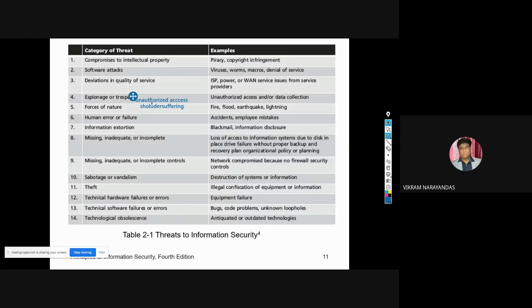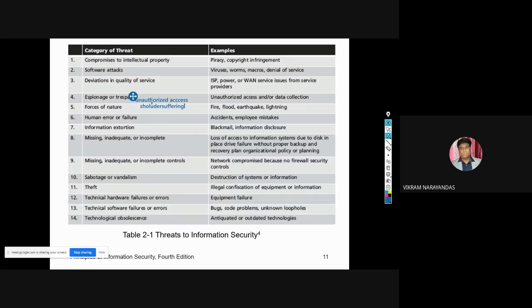So all this comes under shoulder surfing. Public telephones, where you're talking or sharing some confidential information, computer terminals, all these instances come under shoulder surfing.